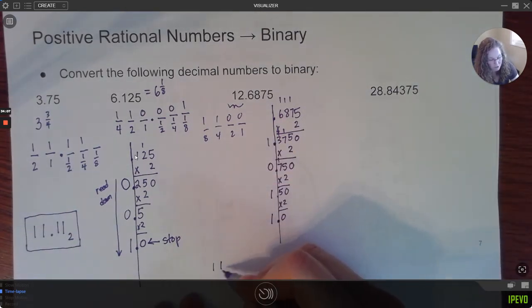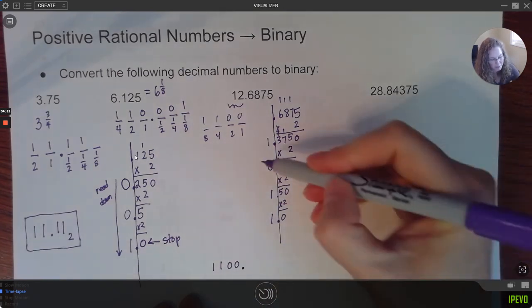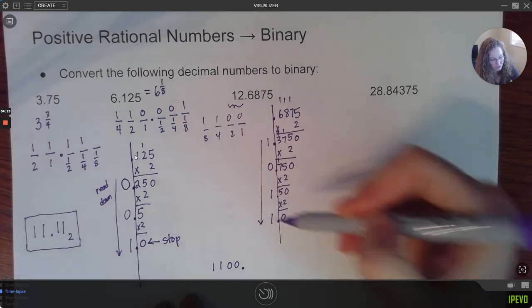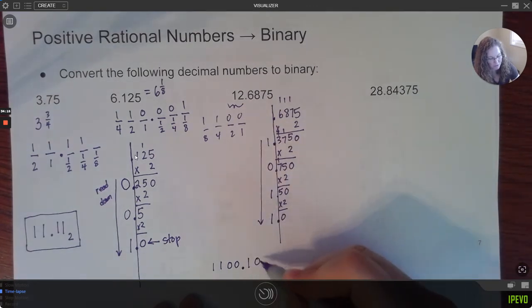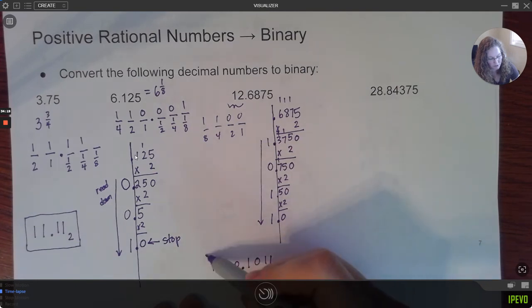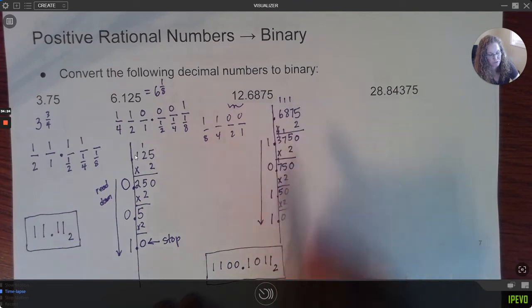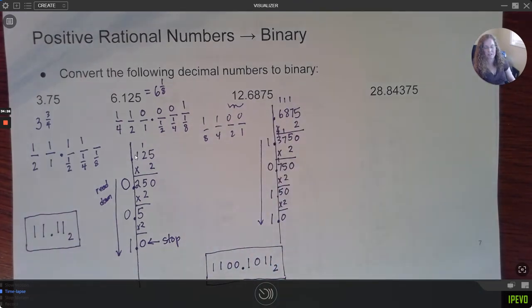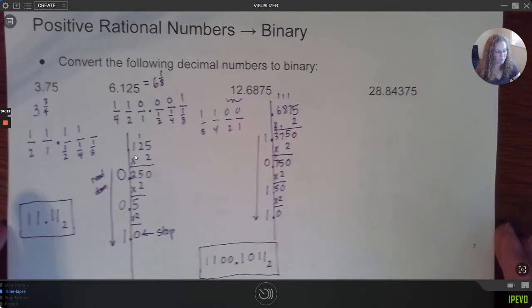I'm going to have 1, 1, 0, 0. That's the 12. And then I put my binary point, and then I'm going to read these down. So I'm going to have 1, 0, 1, 1. So that is the binary equivalent of 12.6875 in decimal.